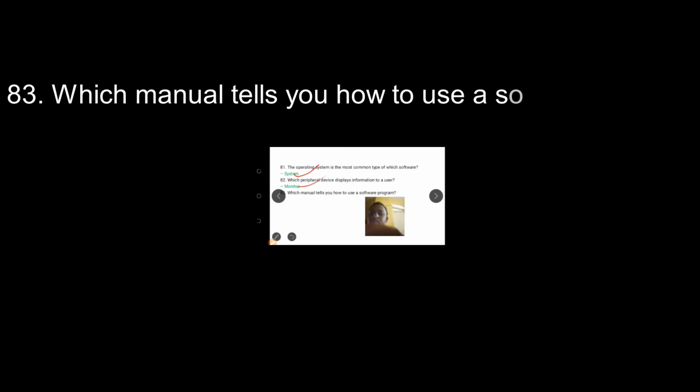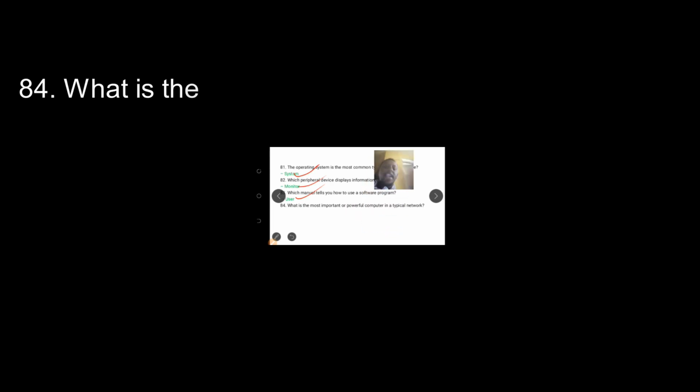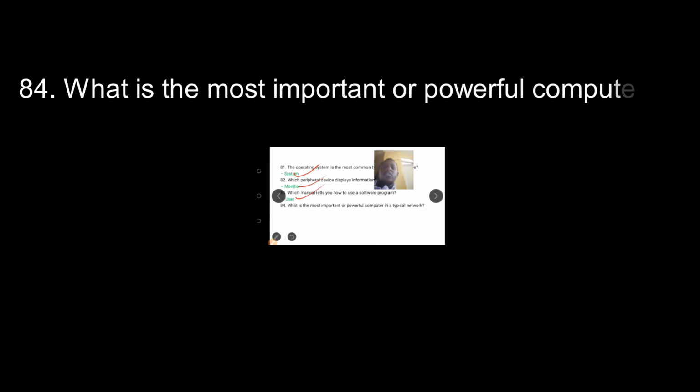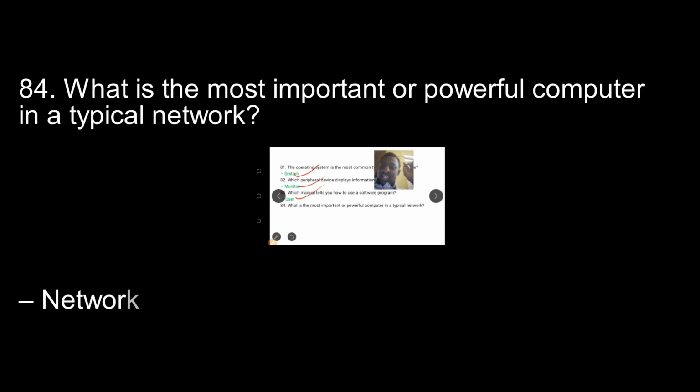Which manual tells you how to use a software program? User manual. What is the most powerful computer in a typical network? In a typical network, the computer that is powerful and strong enough to serve the clients is called the network server.